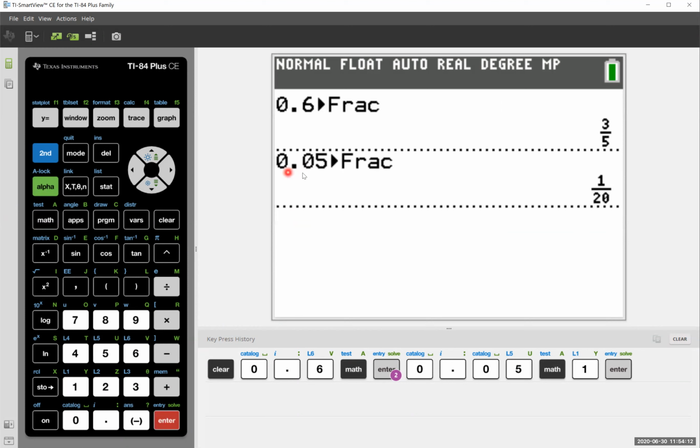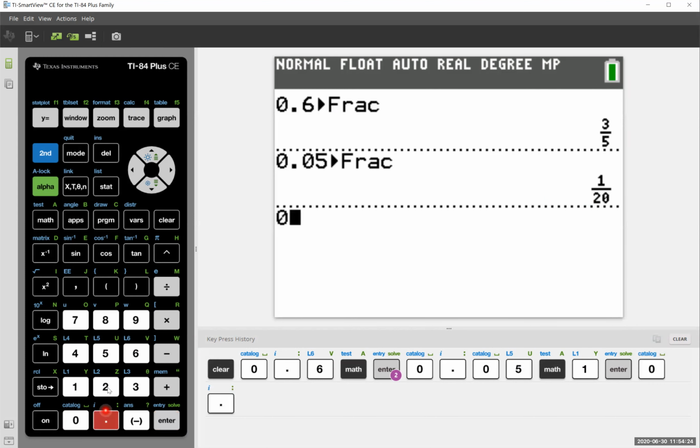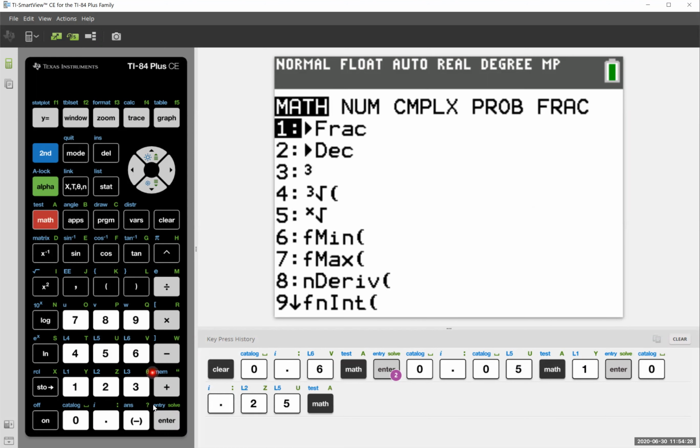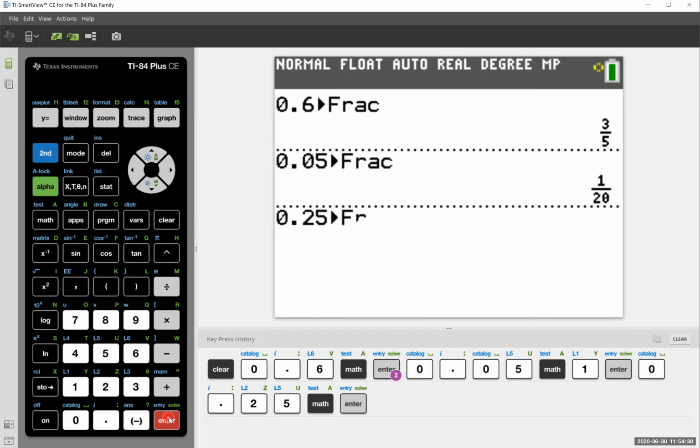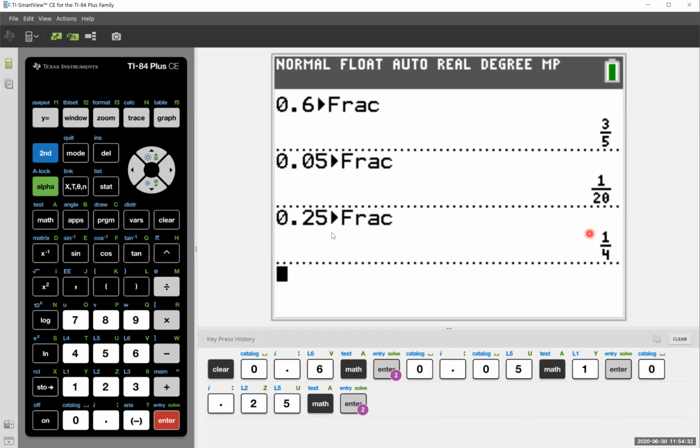So 0.05 is 1/20 as a fraction. Our second decimal that we were given is 0.25. So I can go 0.25, math frac, enter, and that decimal is now 1/4.